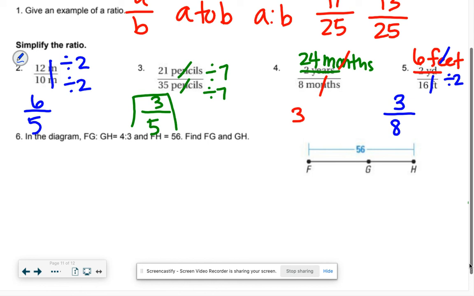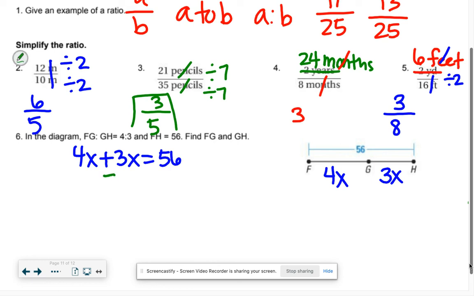Okay, one of these weird ones. In the diagram, the whole thing's 56. FG to GH equals 4/3. So we know this part makes up 4x and this part makes up 3x. Together, what do they have to add to? So 7x equals 56. Divided by 7, you get 8.